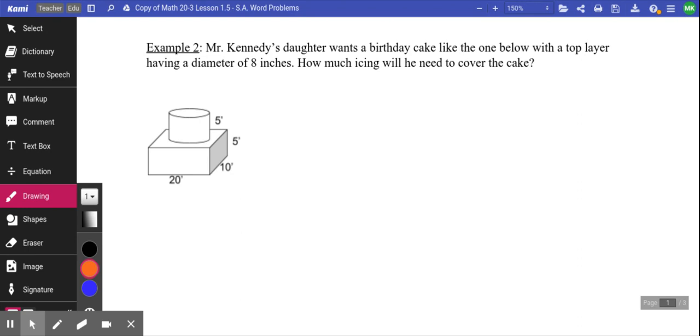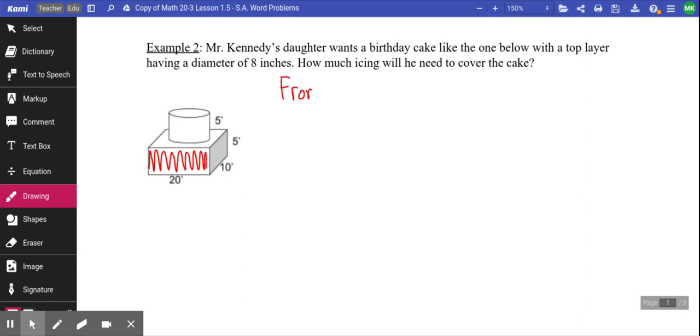All right, so we go to ice this cake. We're going to break this down into all of its parts, just like any regular question. The first side that we're going to put icing on is the front. The front is the same shape as the back, so you can just double it to get the backside.